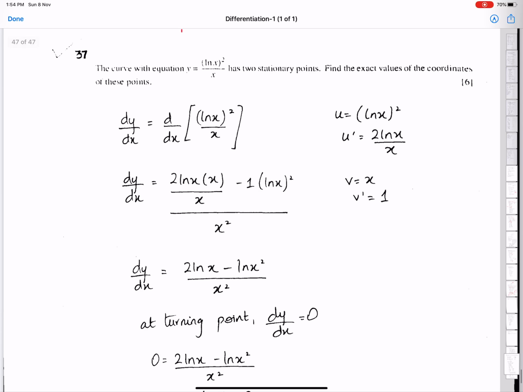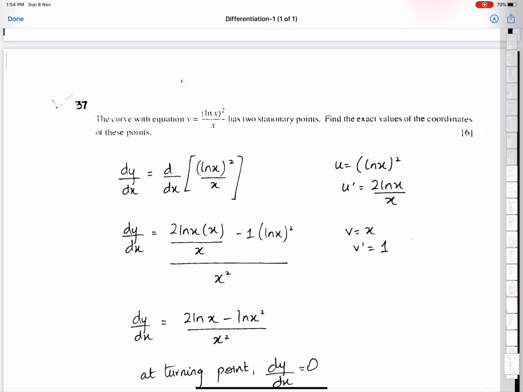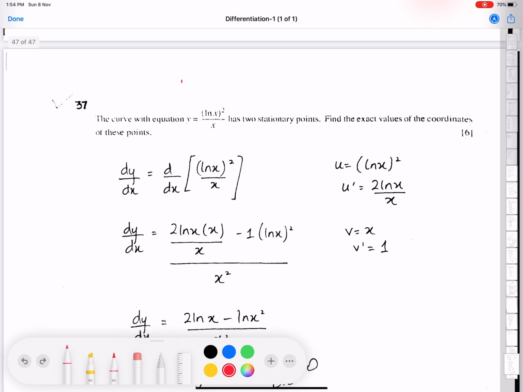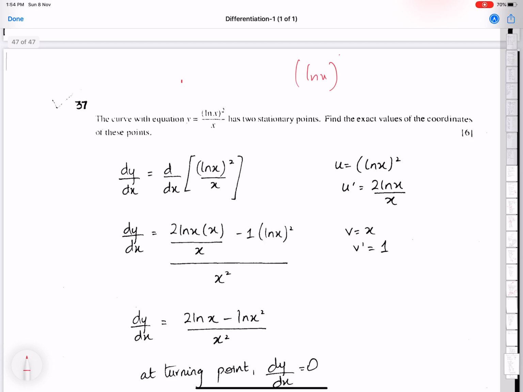This is one of the most important things: (ln x) whole square is a composite function, and we can never write this as 2 ln x. We can write ln x square as 2 ln x, because this square is on the function only, but here the square is on both ln and its function. When the square is on the whole, never use power law. When the square is on the function only, then you can use power law.